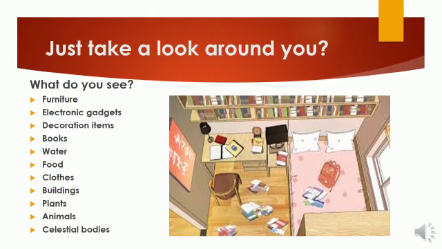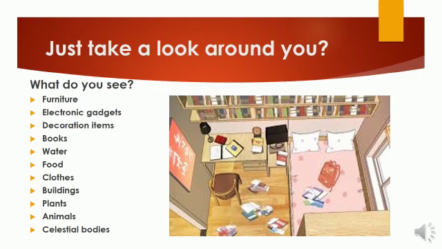Now stop looking at the video and just take a quick look around you, wherever you're sitting. If you're sitting in a room, you may find furniture, electronic gadgets, decoration pieces, books, water, food, clothes, family members, if you have a dog or a pet, a plant, etc. If you are sitting in the open, you may find plants, birds, animals, buildings, celestial bodies like the sun.